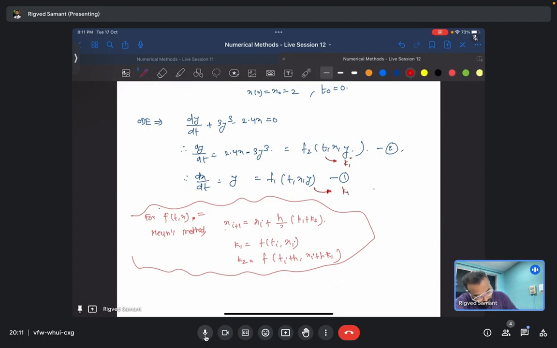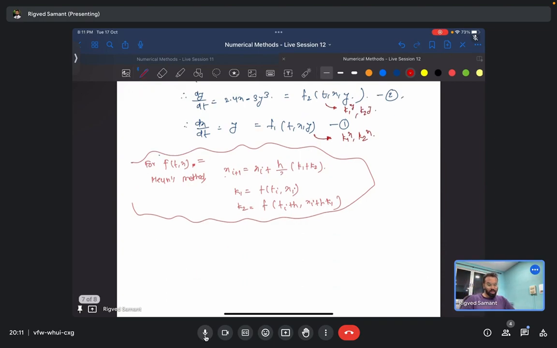So it will have k1x, k2x, and this is k1y and k2y. So we'll see how it becomes.